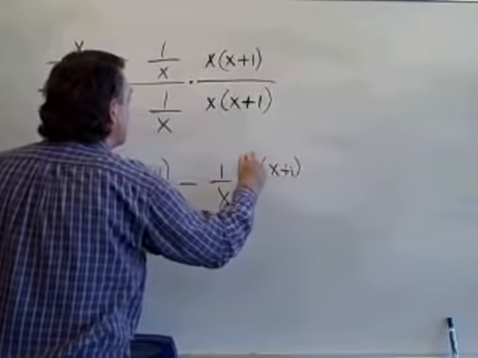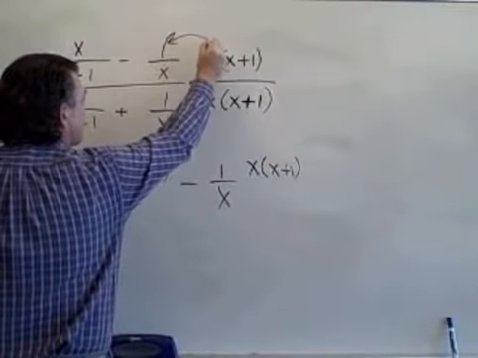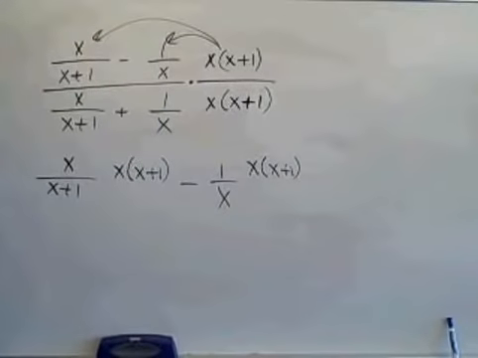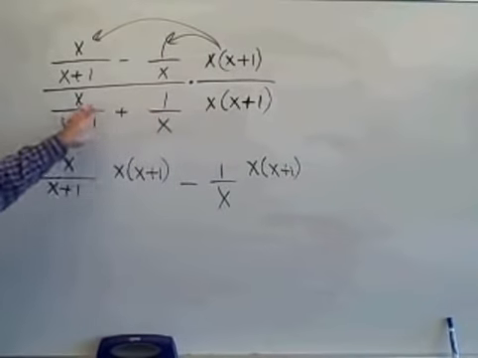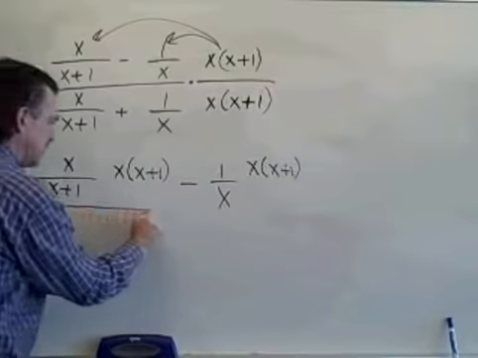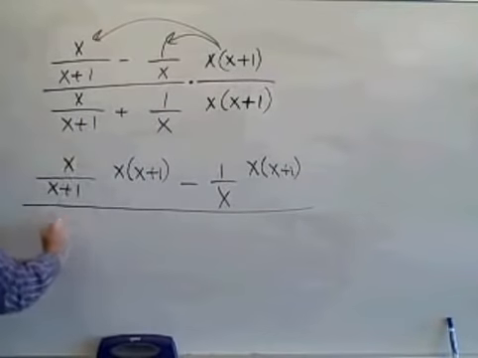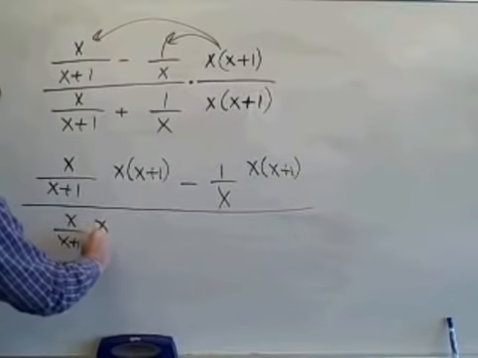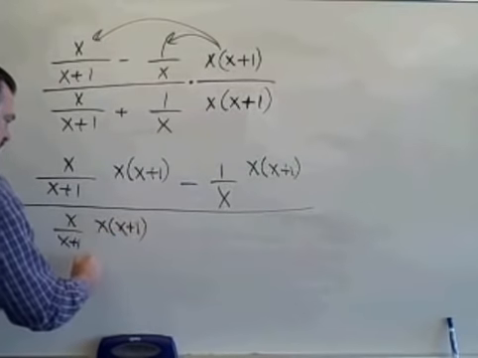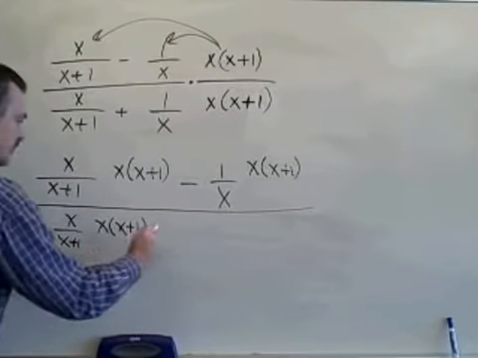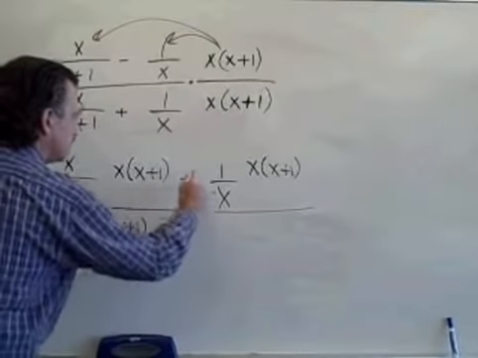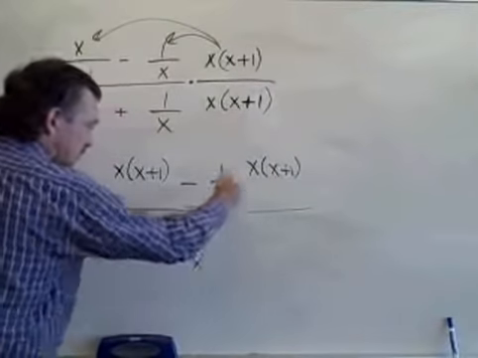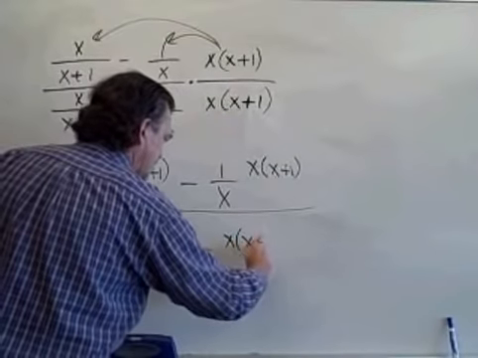See, I'm distributing this multiplication across both of those terms. And I'll have to do the same thing here, will I not, in the denominator? So it's x over x plus 1 will be multiplied times that pair, x times x plus 1, plus 1 over x, again, multiplied by that pair.